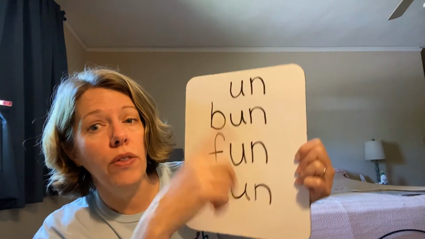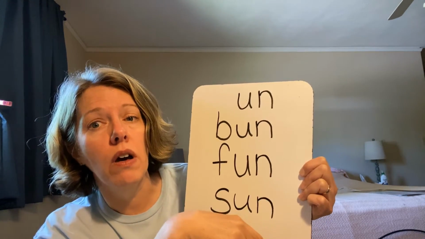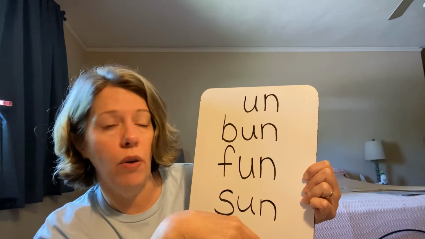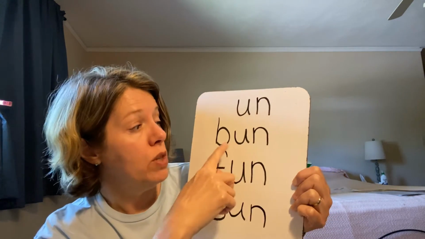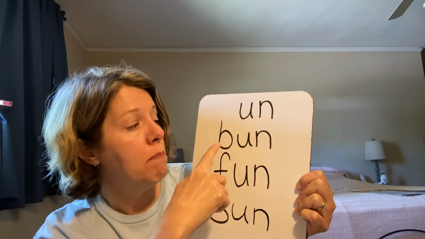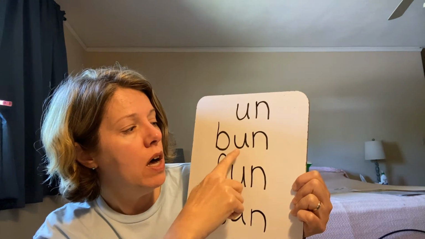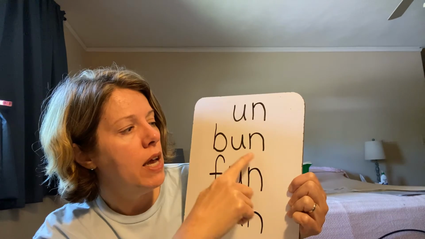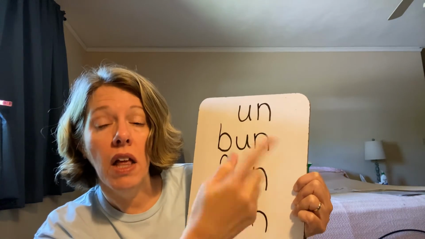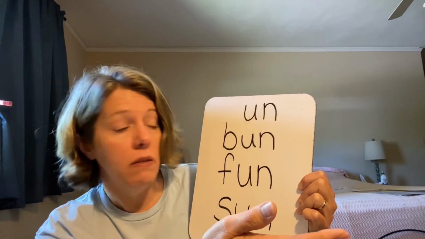Okay, so all these words are going to rhyme with un. All right, so let's try to sound this one out. I see a B. B says b, un, bun. Right, like you need a hamburger bun.